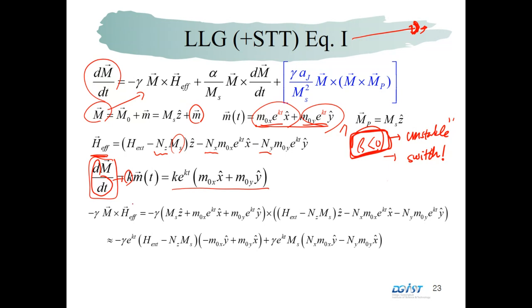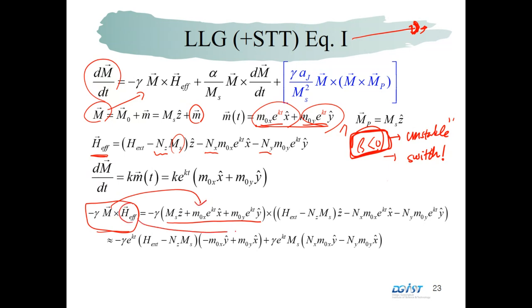And then let's think about the precession term. I'm going to explain term by term. Here, this is M, and H effective is here. We have this form. And then let's do the cross product.